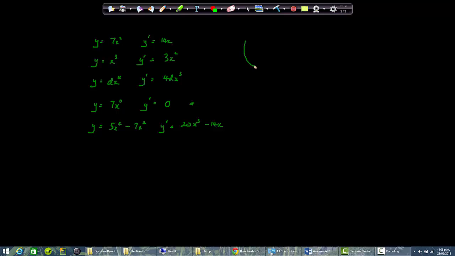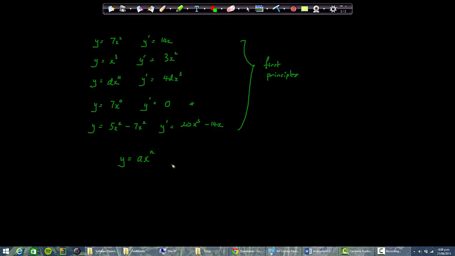Now all of these here can be proven from first principles. Some would take a little bit of work, others would take quite a bit more work to do, but they can all be verified. Now what I'd like you to notice is that even if we've got a couple of terms here, each of those terms fits that pattern, a number and some sort of power of x.